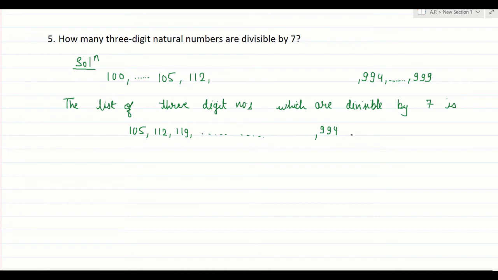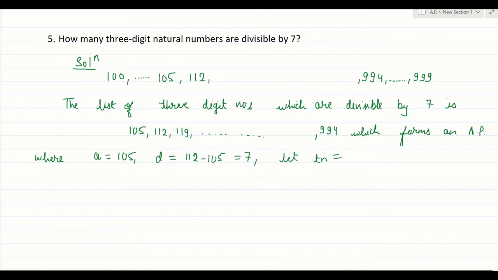So we can write which forms an AP where the first term A is 105, common difference D is 112 minus 105, which is equal to 7. Let Tn be equal to the last term 994.